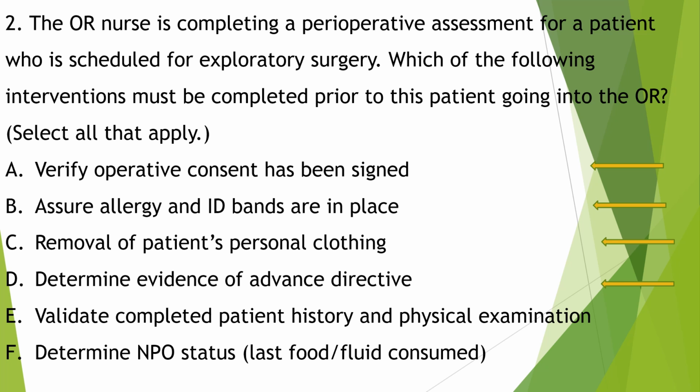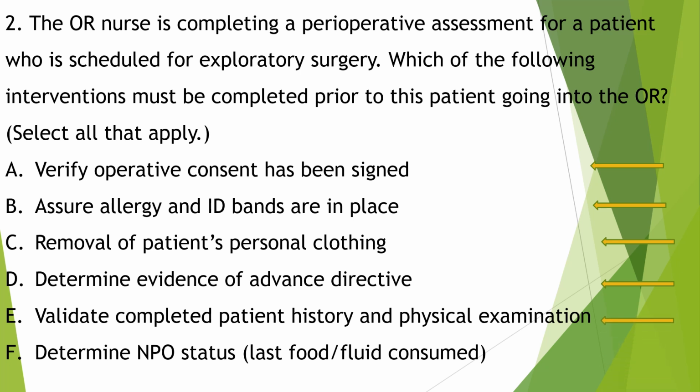Usually it is done if the patient becomes incapable after the surgery, or it allows the patient to express desires related to organ donation and end of life issues. So you can check whether any evidence of advance directive is present or not.